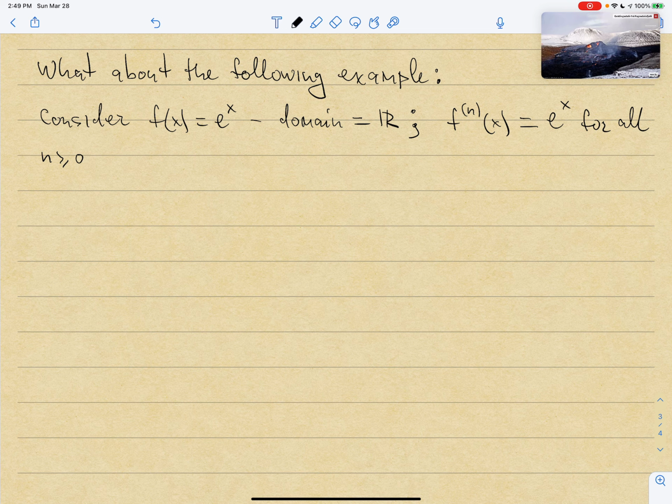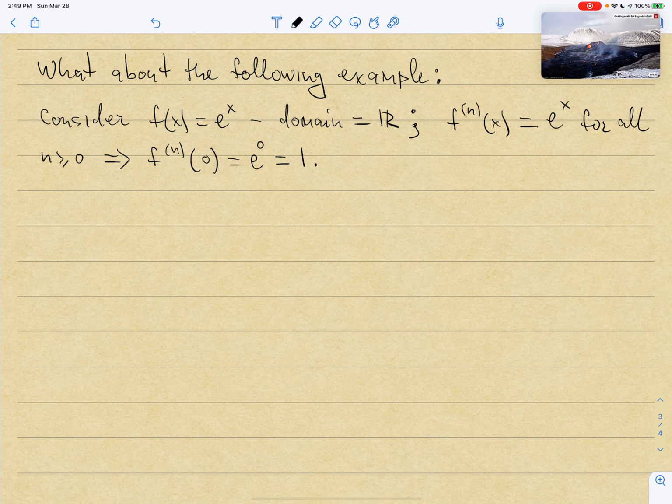Okay, fine, whatever. But then, of course, nothing prevents me from evaluating nth derivative of f at 0. So this should be e to the 0, and that is equal to 1. Okay, fine.